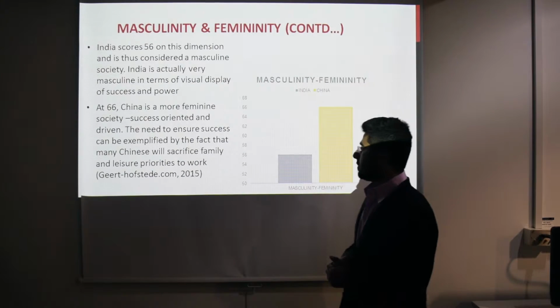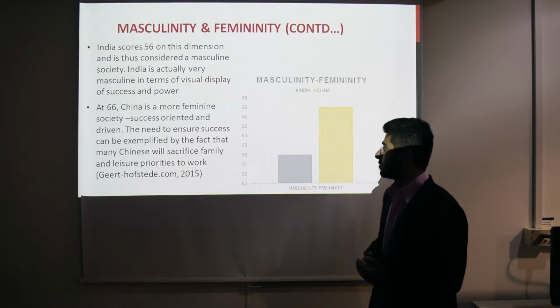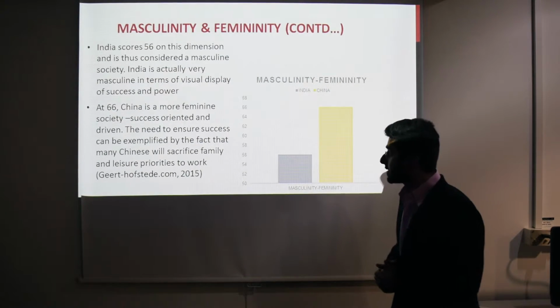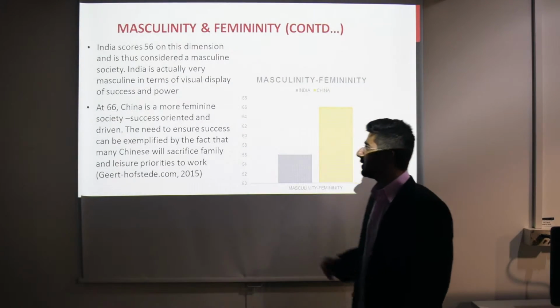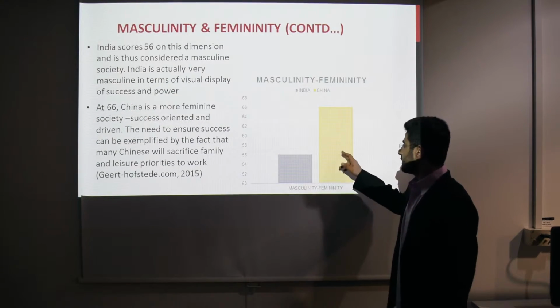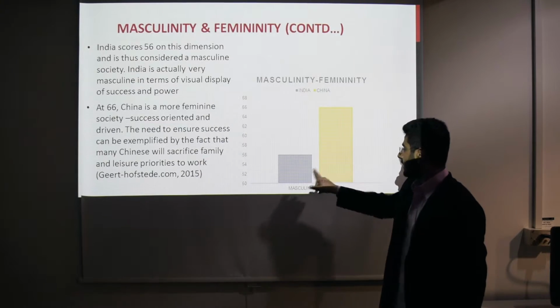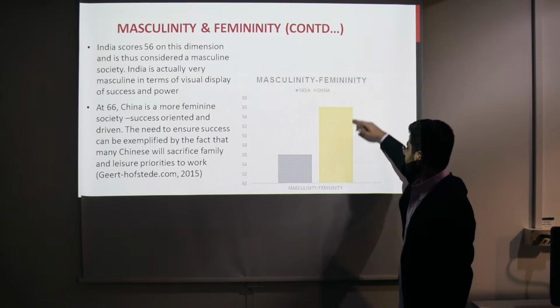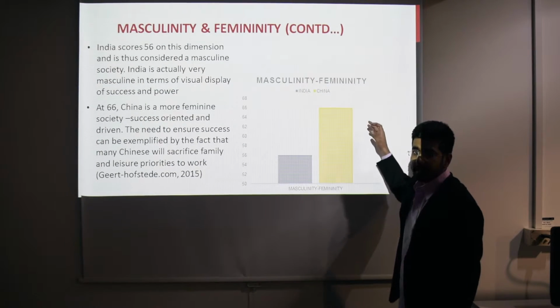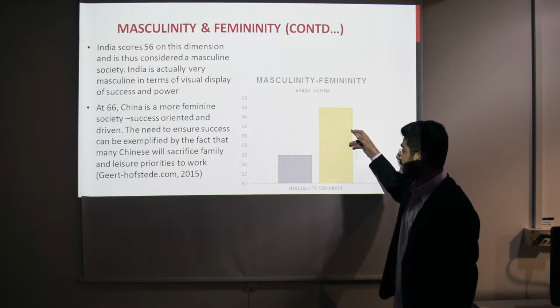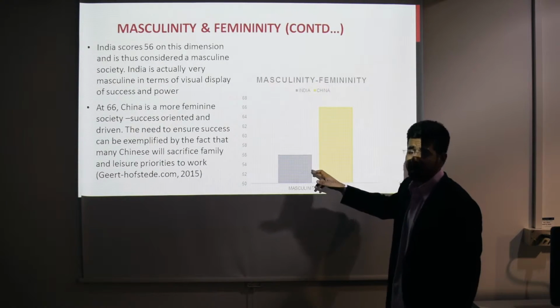Now when we talk about China, the score for China is 66. As you can see in the charts of India and China, the Chinese chart is quite higher as compared to the Indian one.